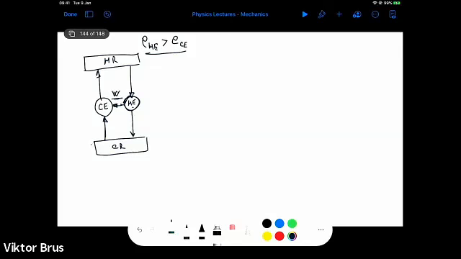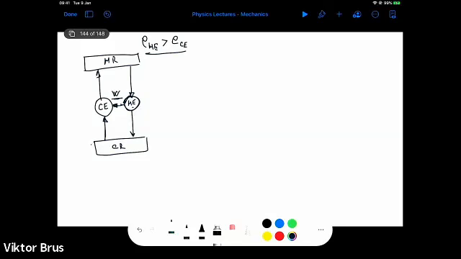And in this case, the net work from outside is equal to zero. That's why we cannot design a heat engine with efficiency higher than the efficiency of a Carnot engine.